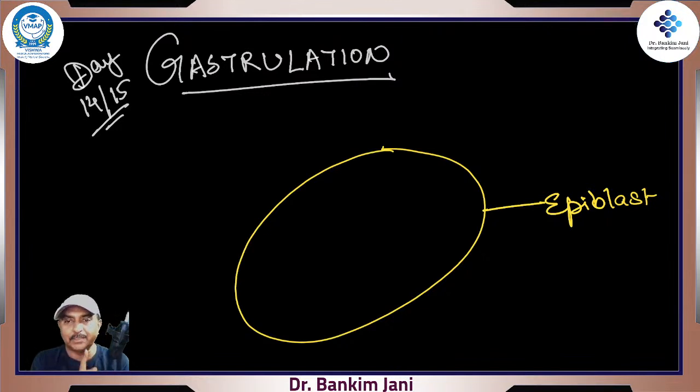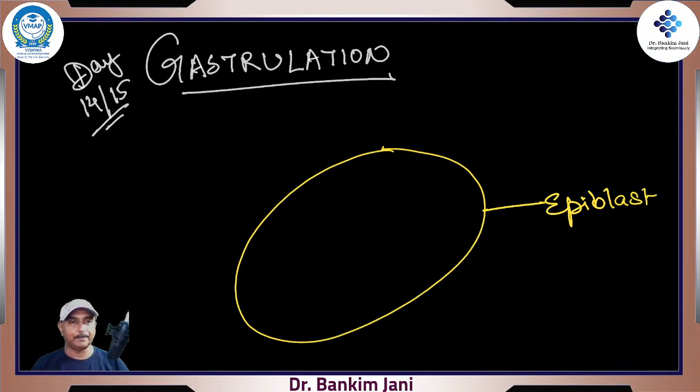The first indication is that in the lower half of this plate, the caudal side, there is development of what is called the primitive streak. Streak means line. These are the cells which will start differentiating. Now see, this stage is so important.